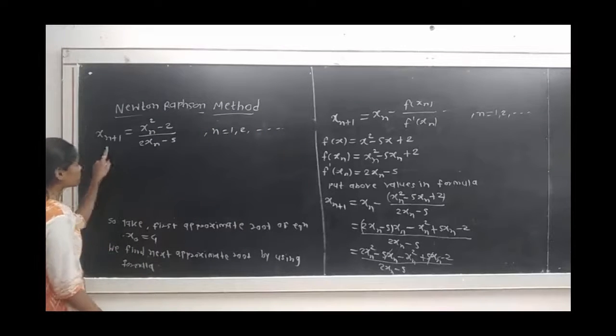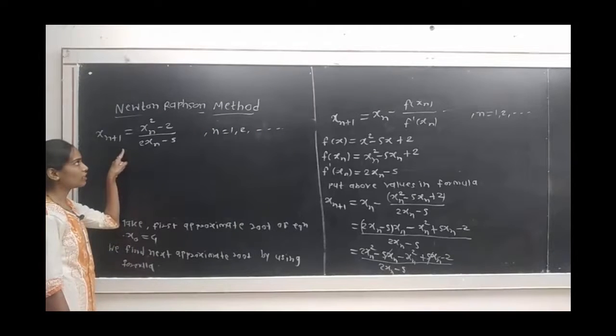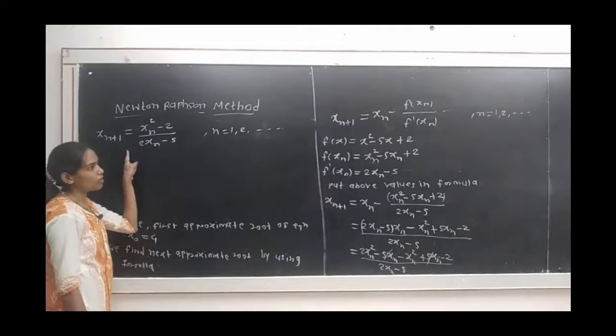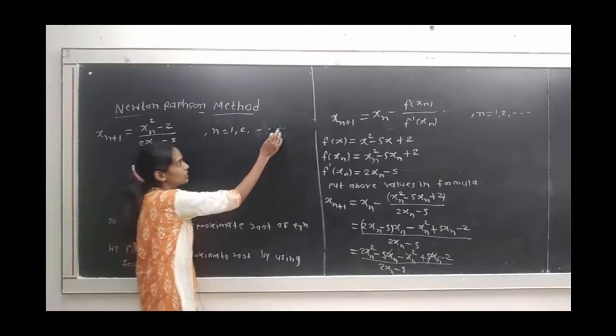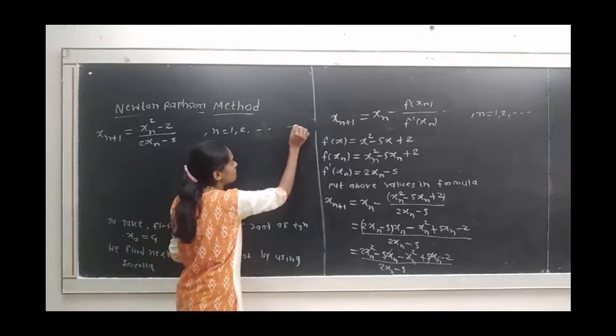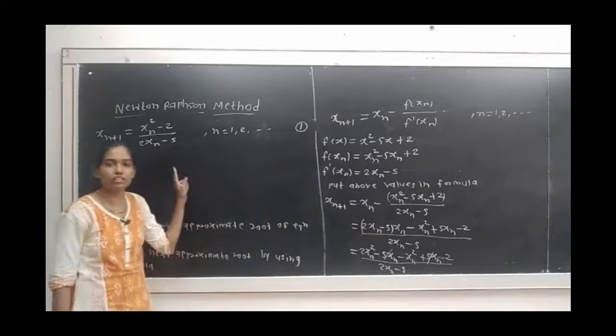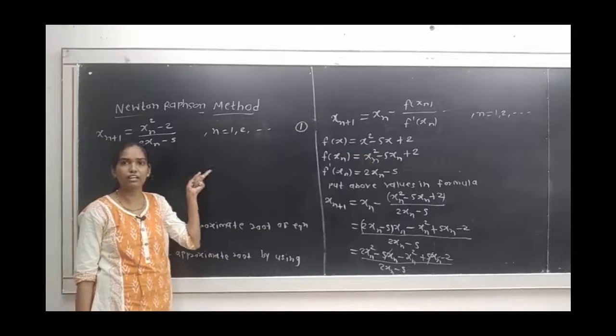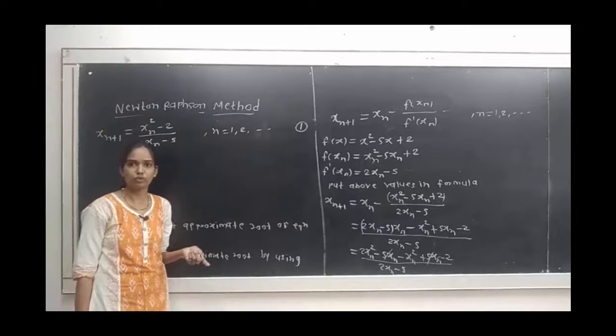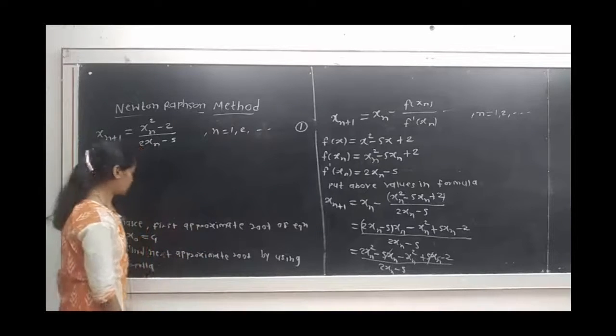So we have got this Newton-Raphson formula for the given function. We take this formula as equation number 1, and by using this formula we can find the next approximate root for the given equation.